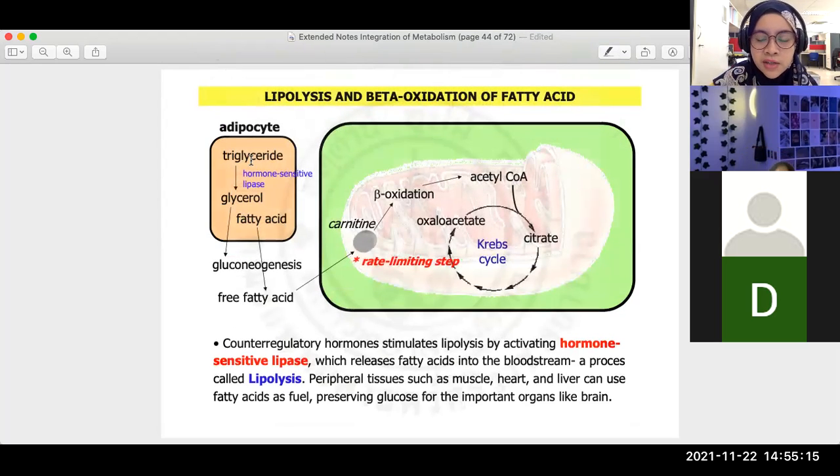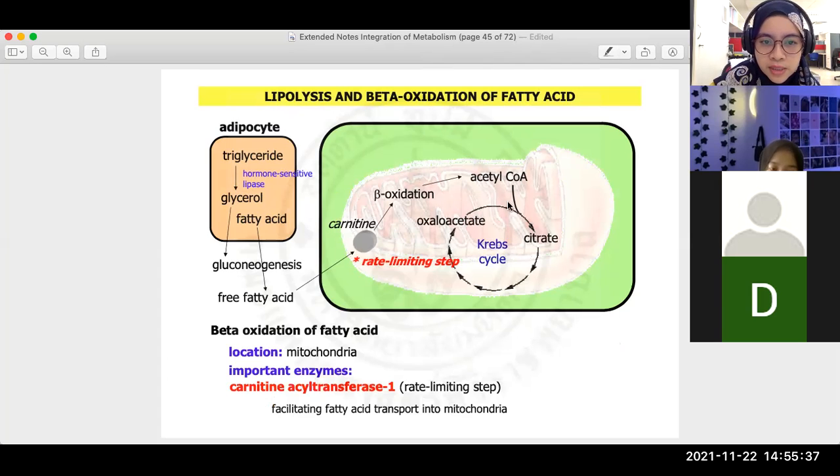So in the fed state, the reaction for fatty acid would be lipogenesis, right? But in the fasting state, it's all about lipolysis, breaking down fatty acid, and also beta oxidation of fatty acid.